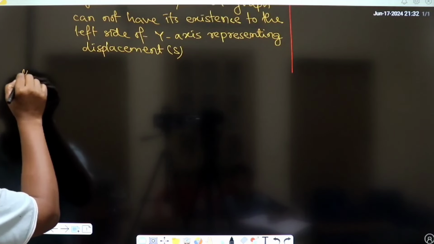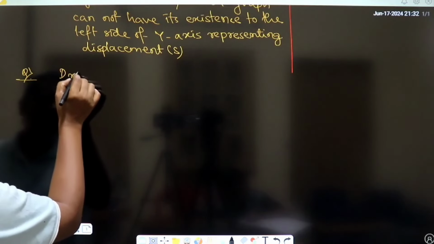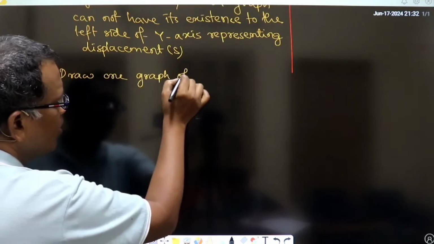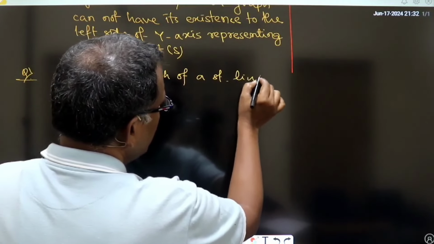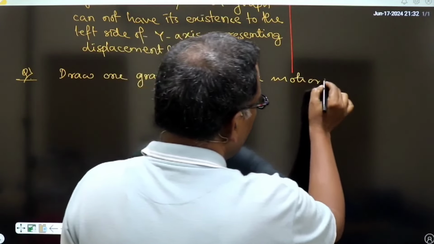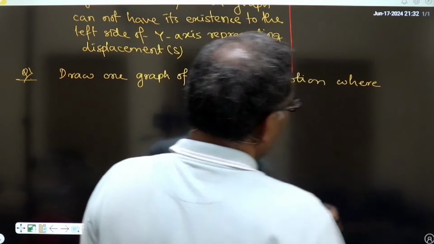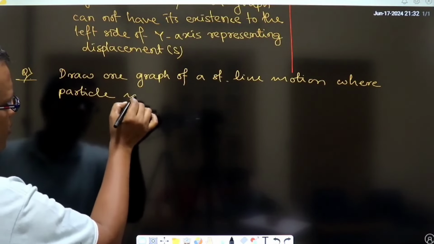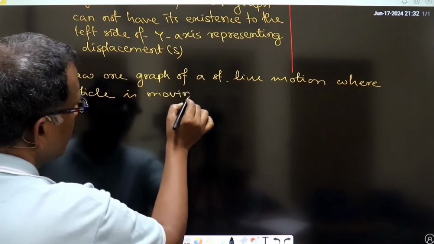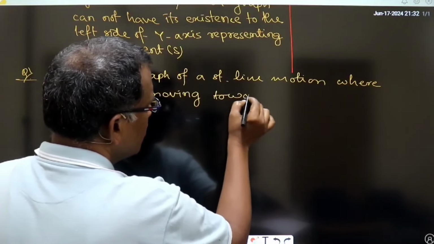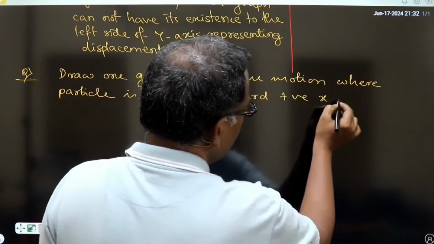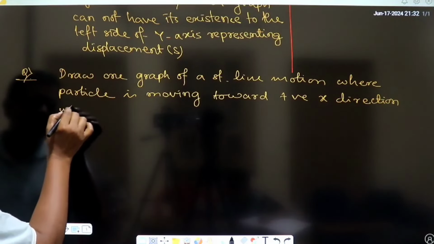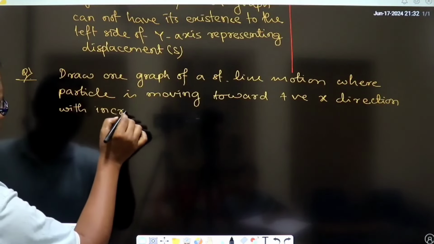Okay. Now if I ask you to draw one graph of a straight line motion where a particle is moving towards the positive x direction with increasing velocity.